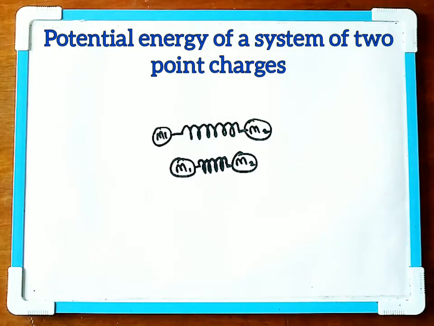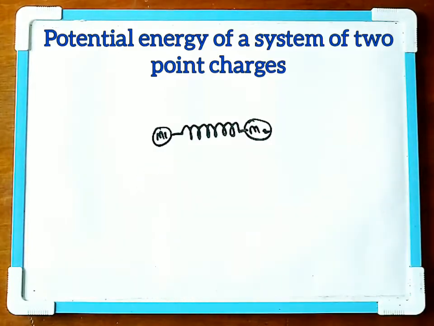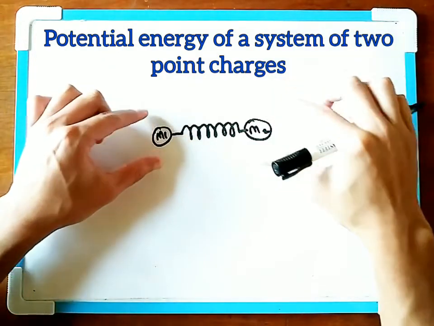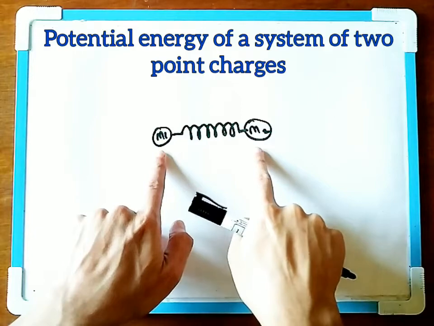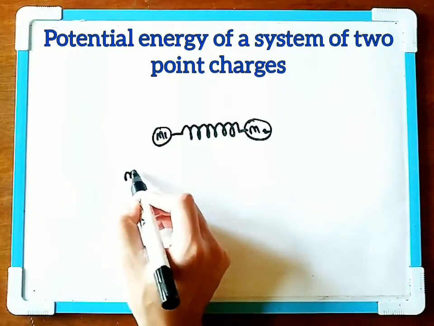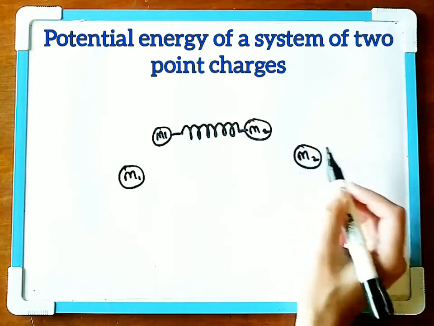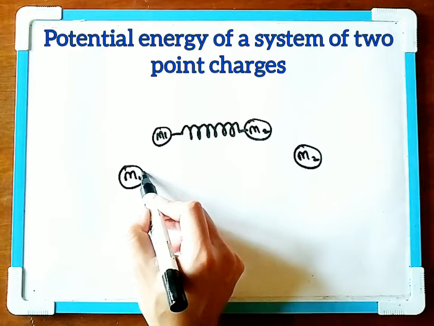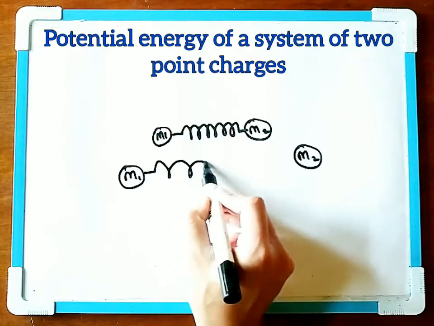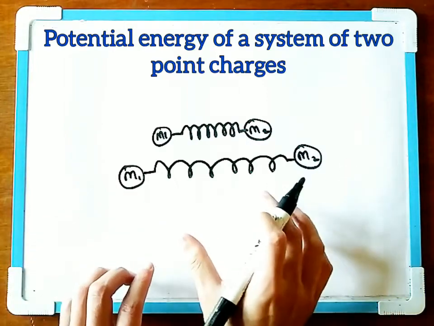Similarly, if we stretch the spring instead of compressing it, suppose we displace M1 and M2 in these directions. Then the spring will be stretched, and again there's a potential energy stored in the spring.